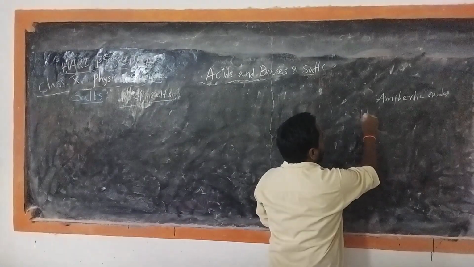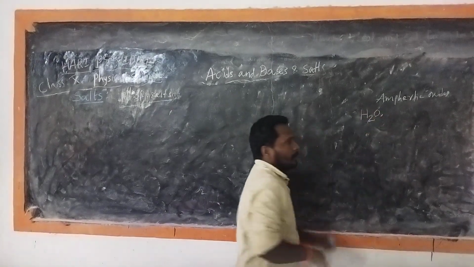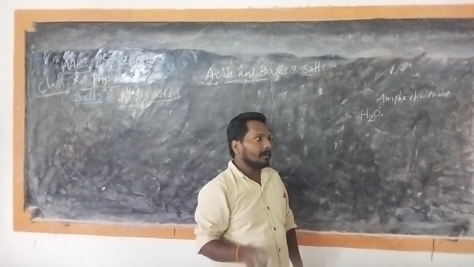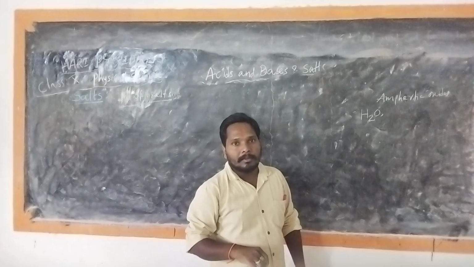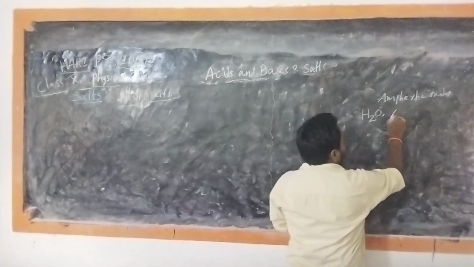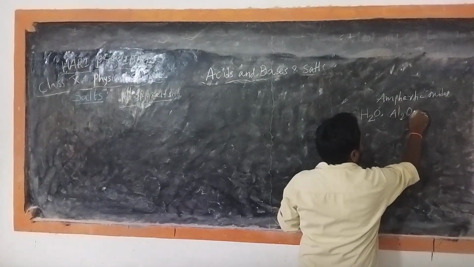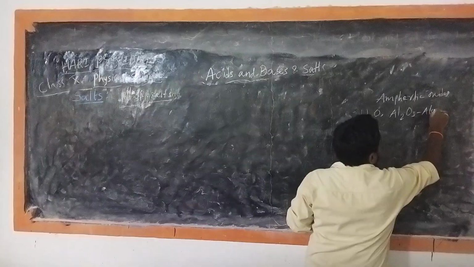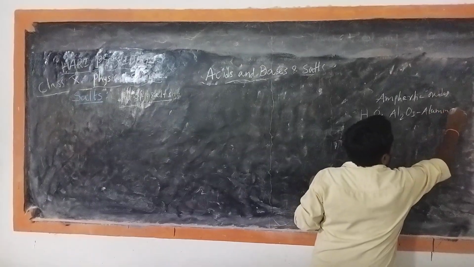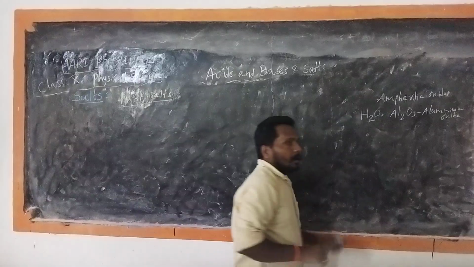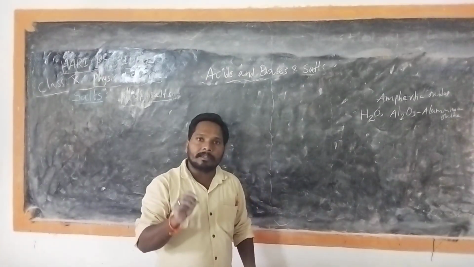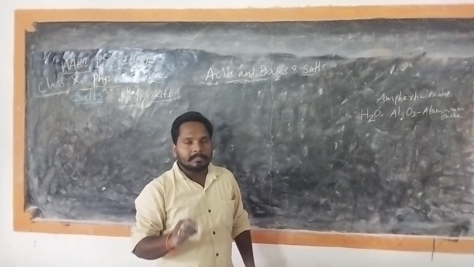Examples: water, which reacts with bases and with acids. Aluminium oxide is an amphoteric substance.